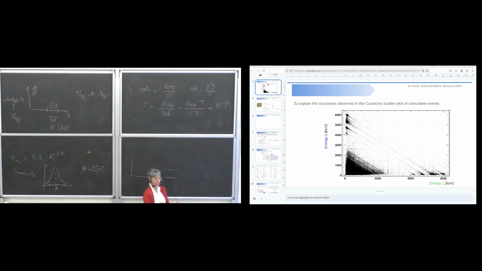Therefore, the probability is just the product of the two rates and the width of the window.